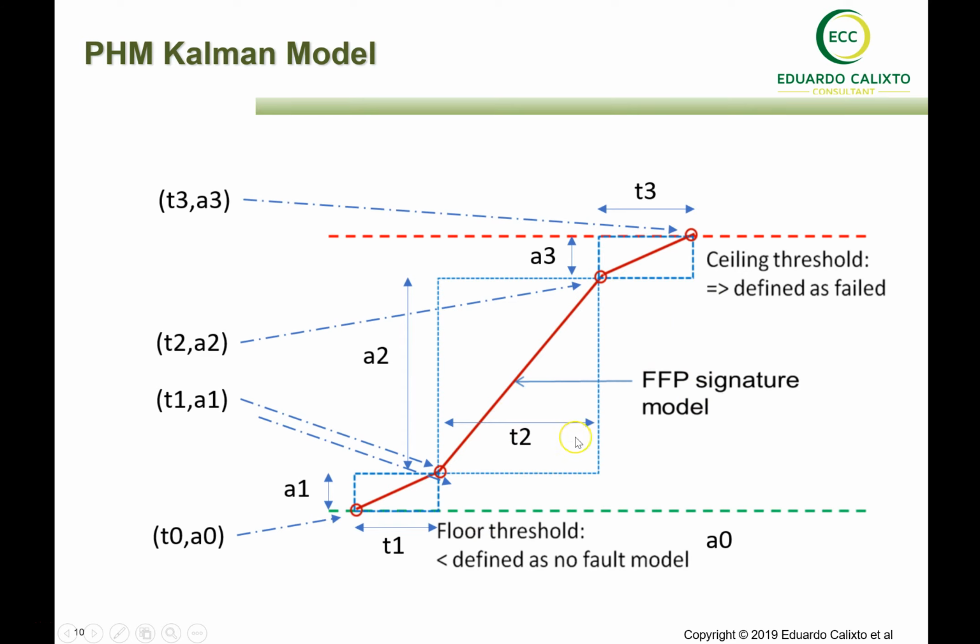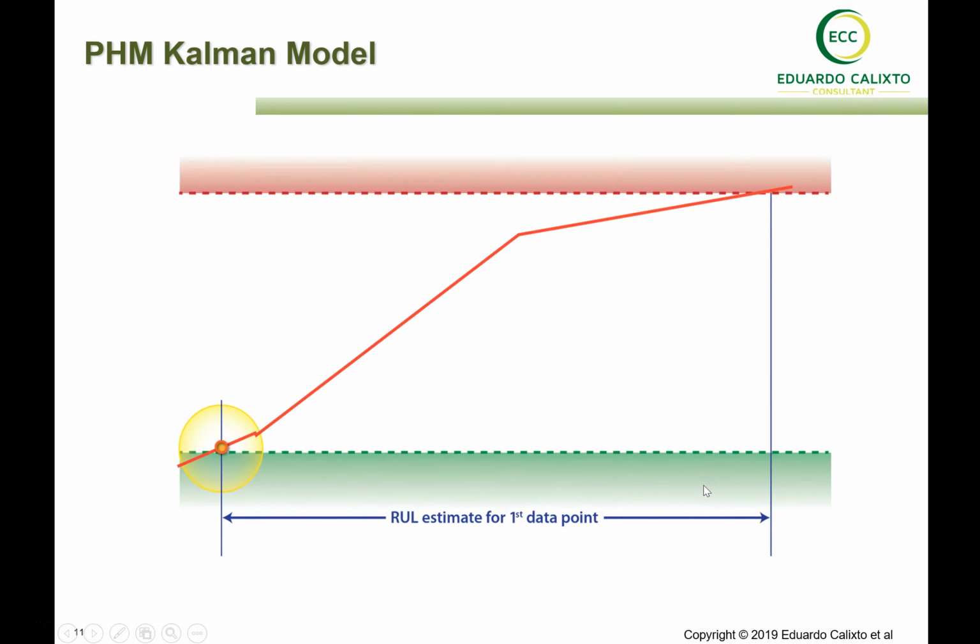Based on it and on the real input data, the software solution for prognostic health management will be able to predict the reliability. So let's take a look here to have a clear understanding.